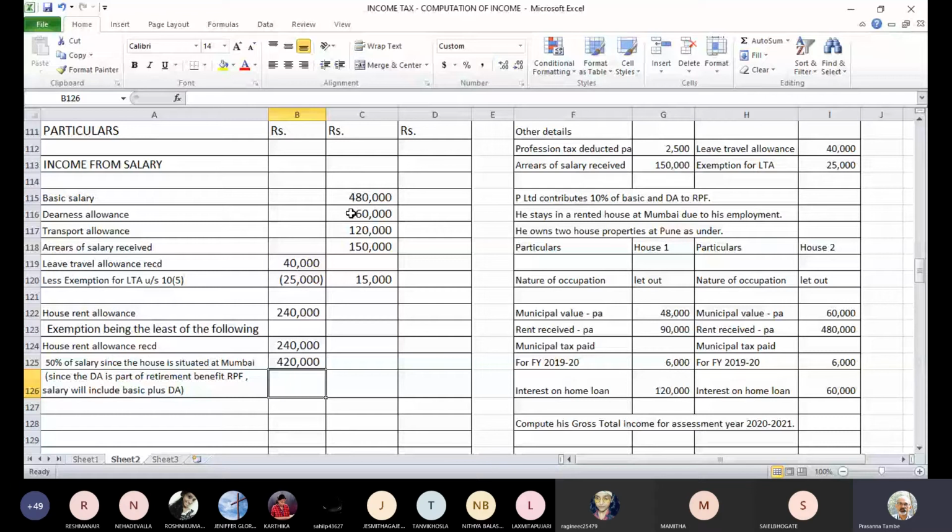And why do we take 50% of salary? Because DA is also a part of retirement benefits like recognized provident fund, which is given in the question. So we have to include DA as part of salary.